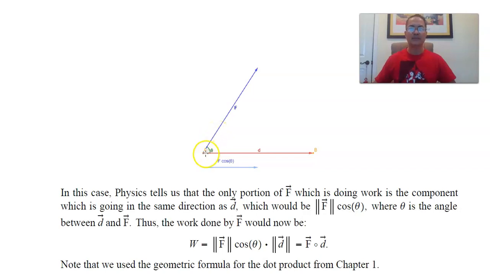In other words, as your object is moving, the force might be changing. That can happen even if you're pulling it this way. You might be getting tired, or you might be getting your energy back, so now you're pulling it harder. But also more generally, what if the object is not moving on a straight line?